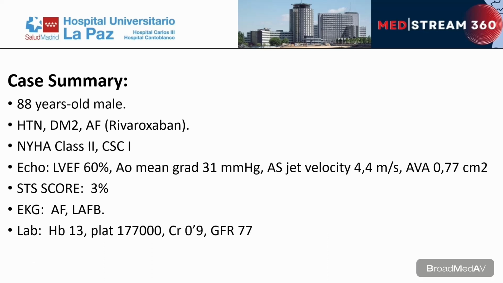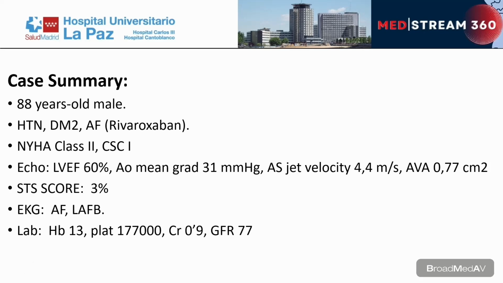Welcome everyone. We are presenting our first case, an 88-year-old male with hypertension, type 2 diabetes mellitus and atrial fibrillation treated with rivaroxaban. In the echocardiogram we observed 31 millimeters, an aortic peak velocity of 4.4 meters per second and an aortic valve area of 0.77 centimeters.